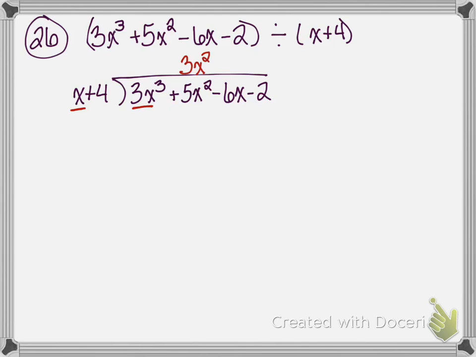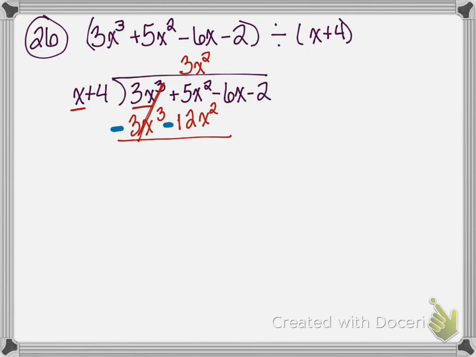Now I multiply. 3x squared times 4 is 12x squared. 3x squared times x is 3x to the third. And now we have to remember that we are subtracting right here. Okay? That's a place that sometimes students make mistakes, is they forget that we're subtracting. Do you see how this 3x to the third minus 3x to the third cancels? You want that to happen. If that doesn't cancel, then you've made a mistake somewhere.